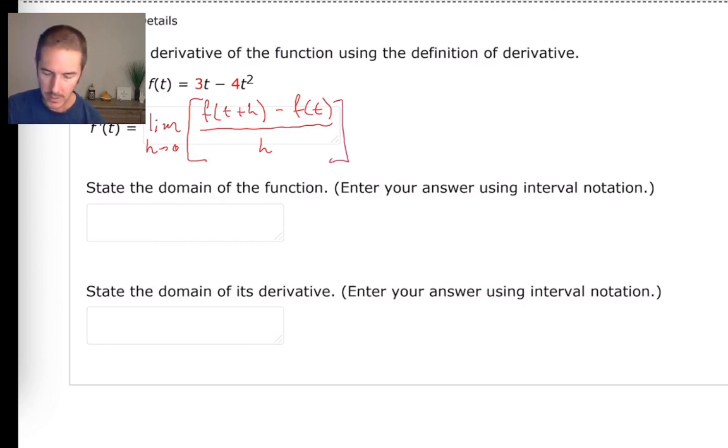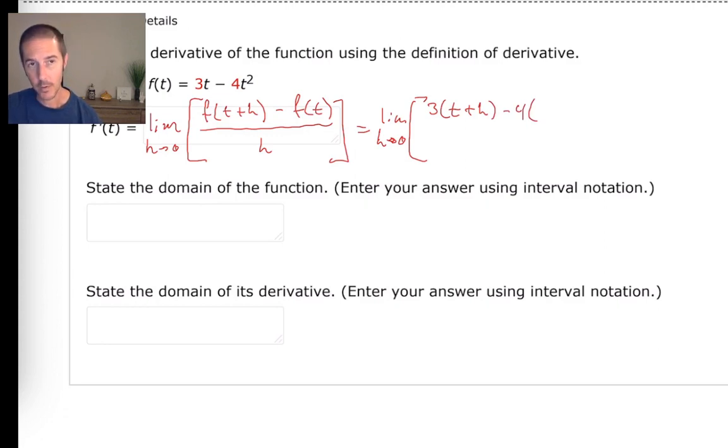So let's plug in the t plus h. Let's keep writing out our limit as h goes to 0. Now plug in the t plus h. That's 3 times t plus h minus 4 times t plus h squared, which is t squared plus 2th plus h squared.